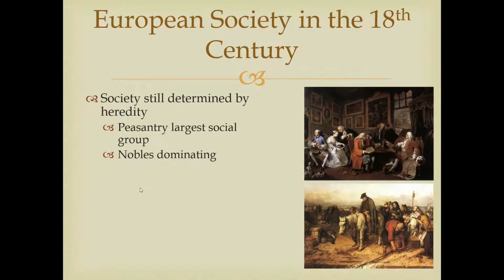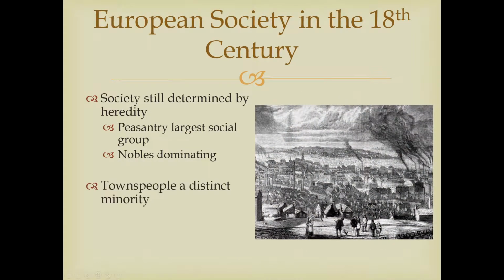You have a little bit of mobility in the merchant class and the artisan class, but for the most part, the pillars of society and the bottom of society are not going to change very much. You have the persistence of nobility versus peasantry, which is not going to change at all, and the townspeople are still a distinct minority.